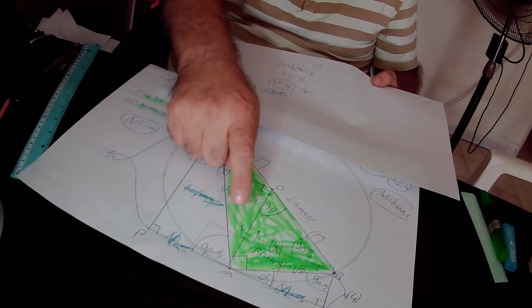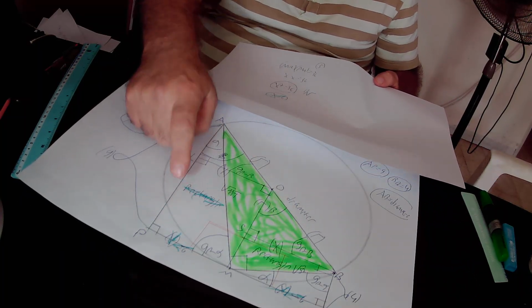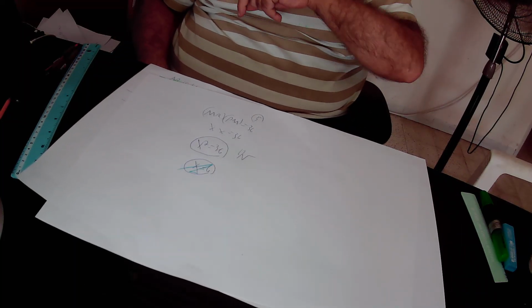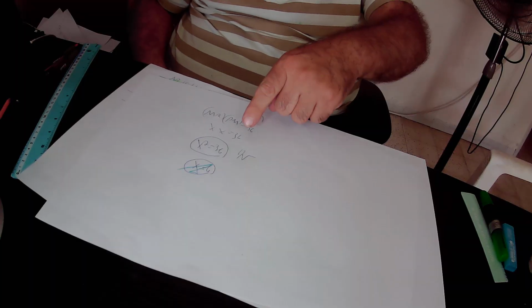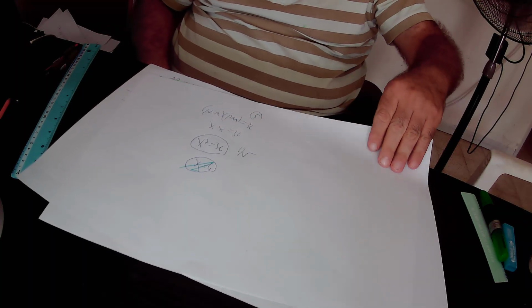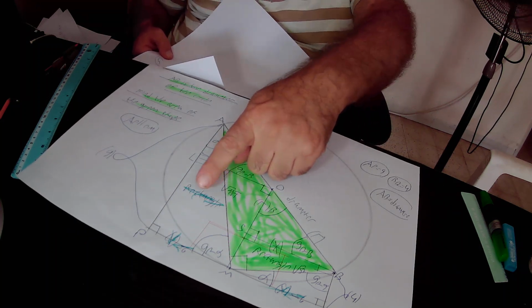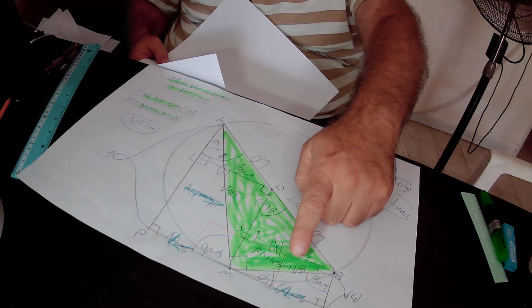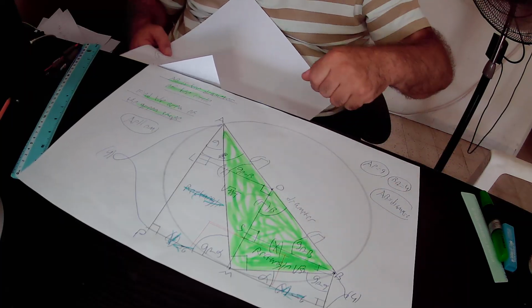MQ is X and PM is also X. So X times X is 36. X times X is X squared, that is 36. We take the square root of this equation and find that X equals the square root of 36, that is 6. PM equals X equals 6, and MQ equals X also equals 6.